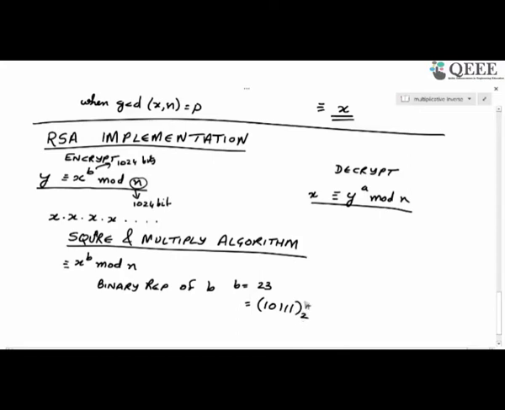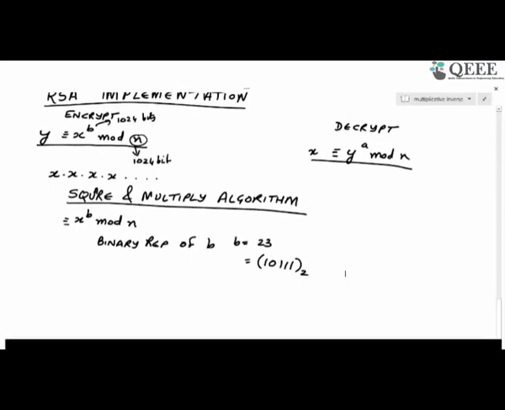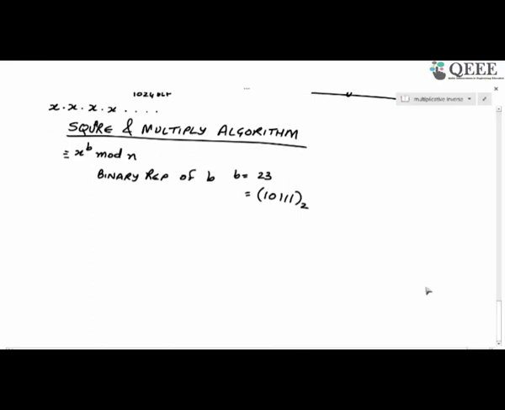Then we have this very simple algorithm known as the square and multiply algorithm, which will take the values of x, b, and n, and it will return x to the power of b mod n.